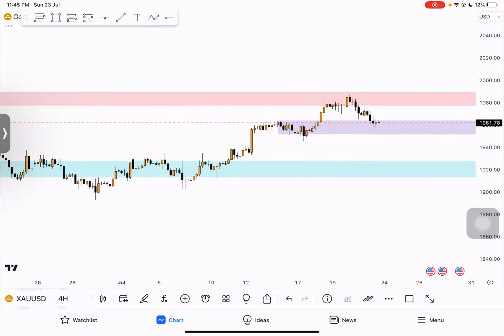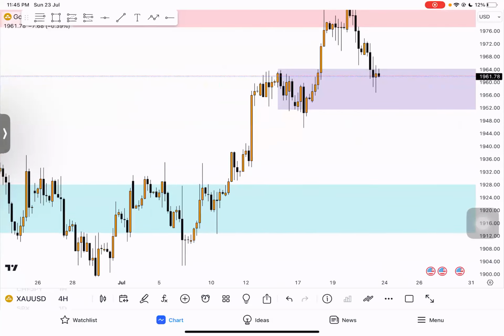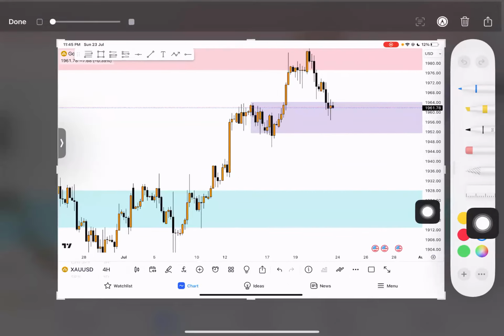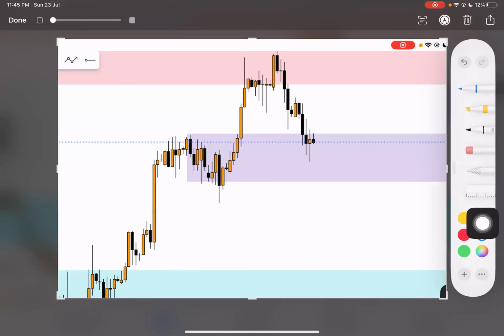And then in 4 hours, what we can see here is this one, a drop base drop. It's forming the drop base drop already, so that means it's still supply. Supply is stronger than the demand right now.